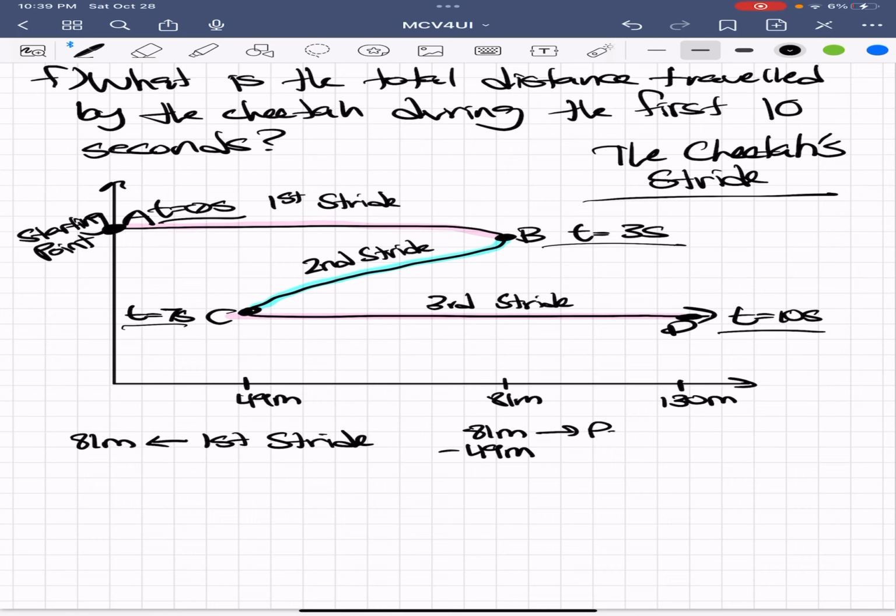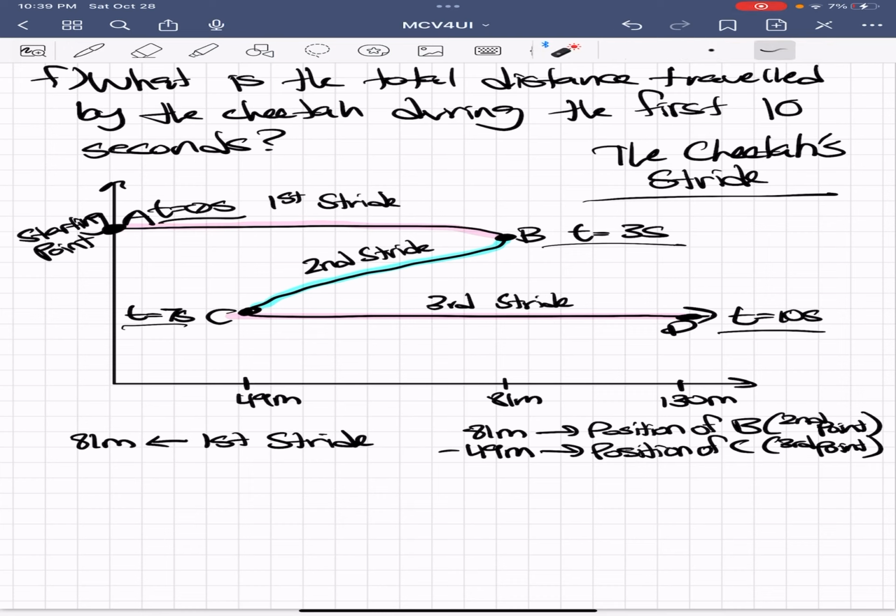So that's the position of B, or the second point. And then we have the position of C, the third point.